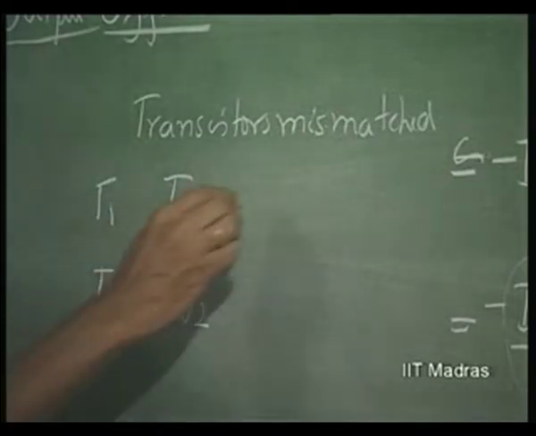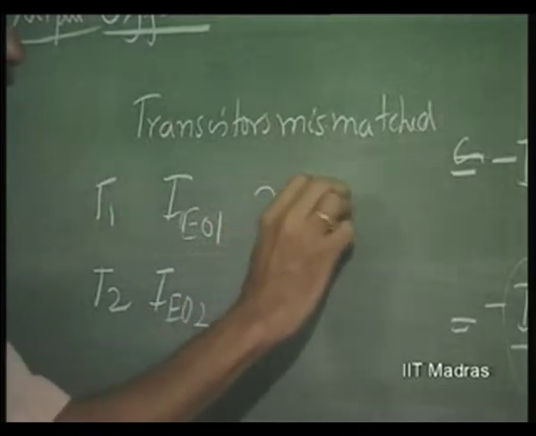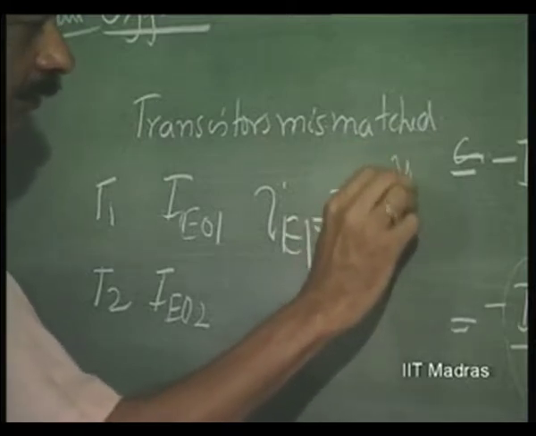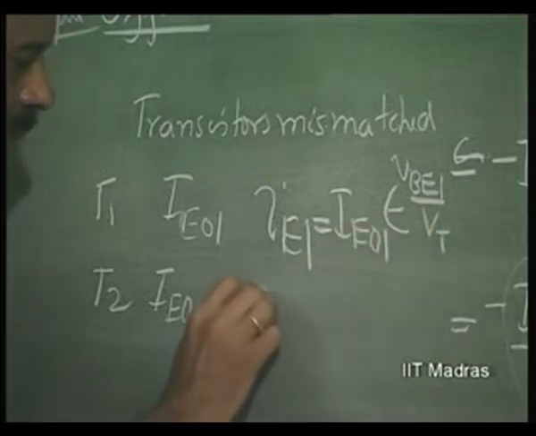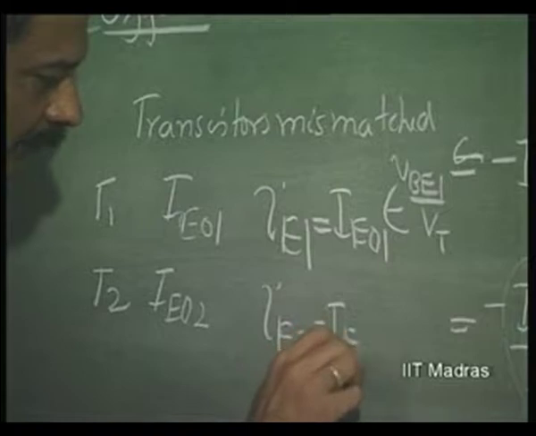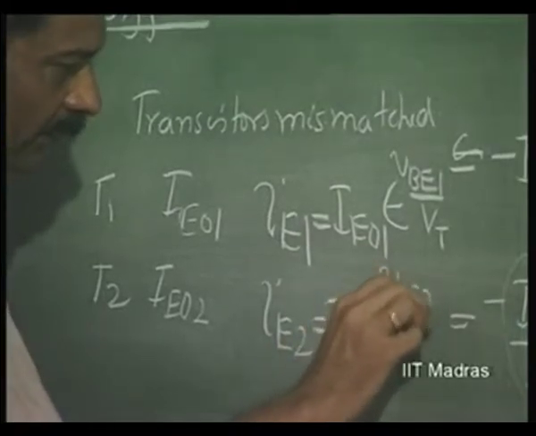Then what will be IE1? IE1 is equal to IE naught 1 exponent VBE1 by VT. IE2 is equal to IE naught 2 exponent VBE2 by VT.